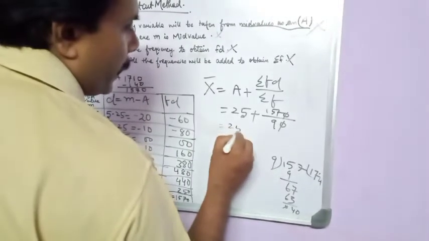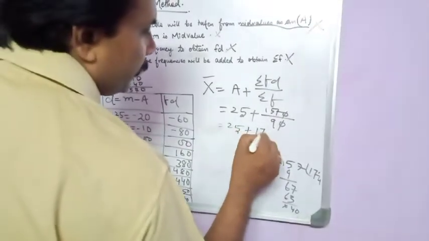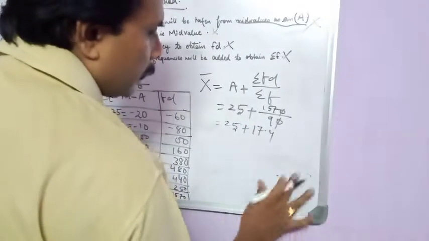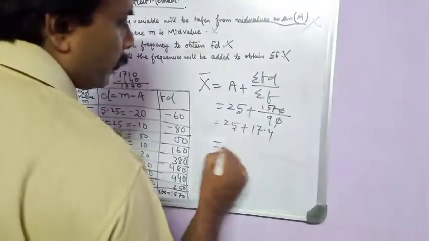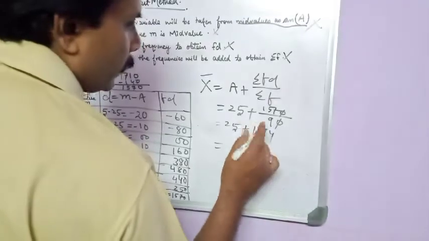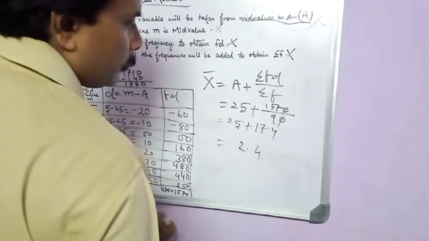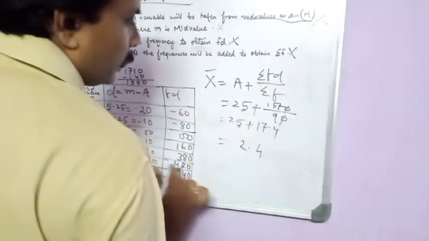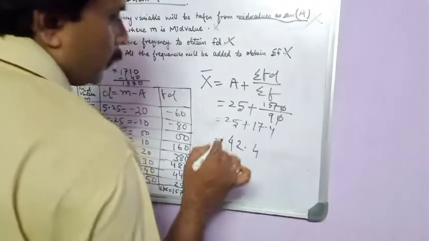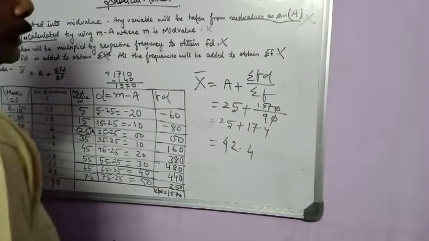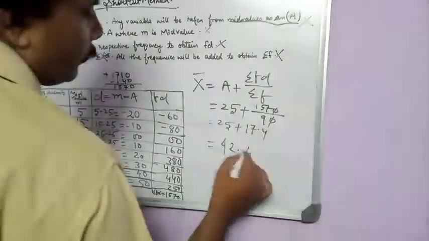So 25 plus 17.4. What will be the answer? 0.4, that is 7 plus 5 is 12, 2 plus 1 is 3 plus 1 is 4. So 25 plus 17 is 42.4.